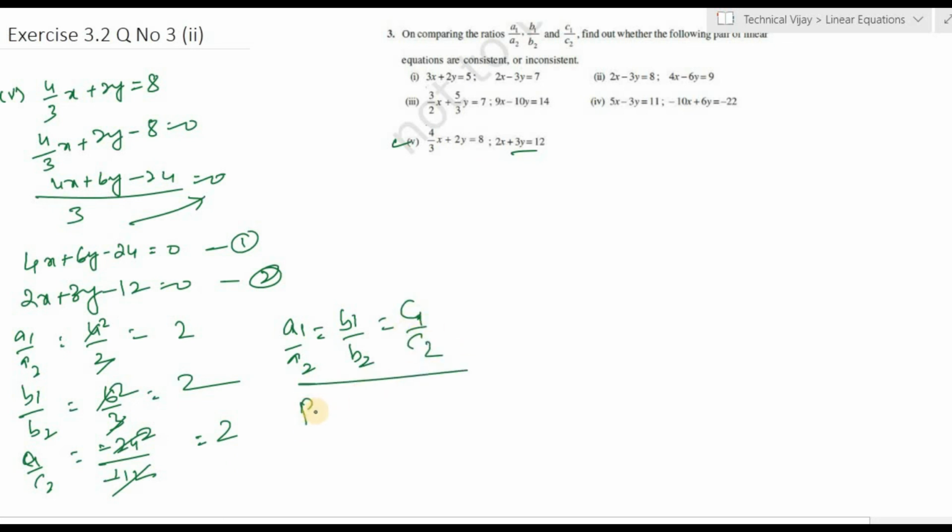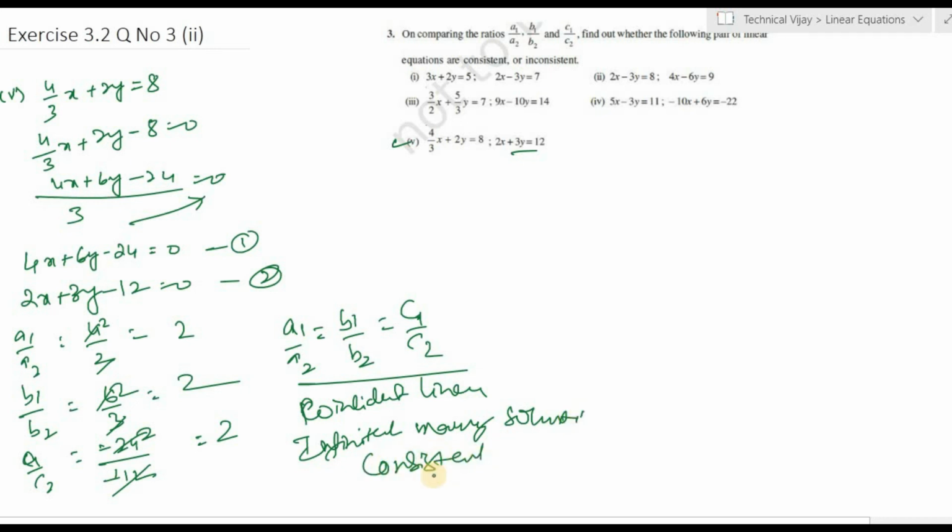So these are coincident lines, and they have got infinitely many solutions, and they are consistent.